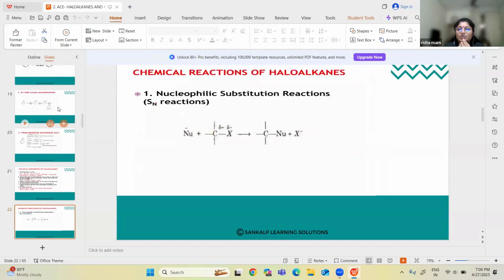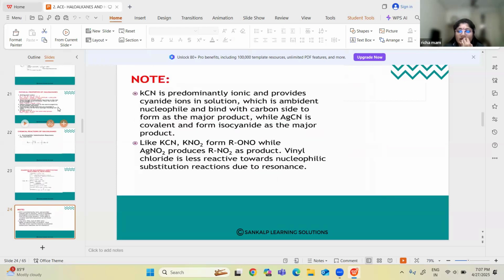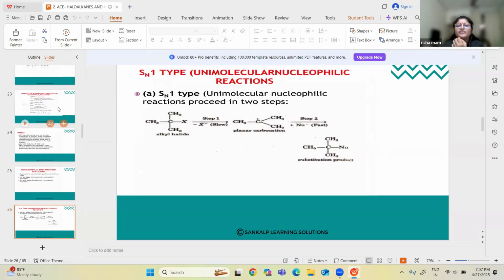Then we have discussed the physical properties and the chemical reactions of alkyl halides and aryl halides, including nucleophilic substitution reactions, the two types SN1 and SN2.